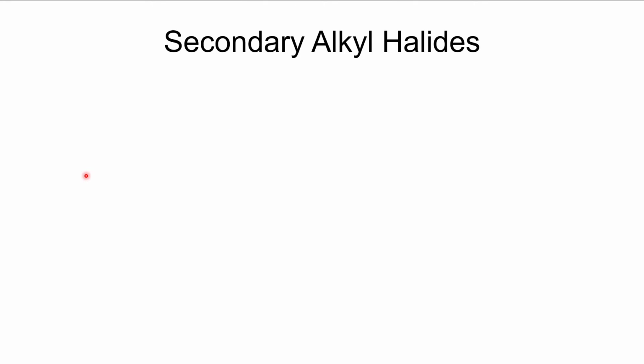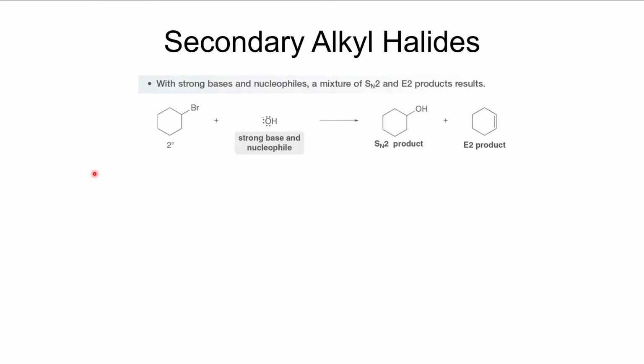For secondary alkyl halides, everything is on the table. And so this is where we have to pick what it is that we're trying to do. If you have a strong base and strong nucleophile, so things that count as both strong bases and nucleophiles, hydroxide is a great example, and you do that with a secondary alkyl halide, you're likely to get a mixture of SN2 and E2 products.